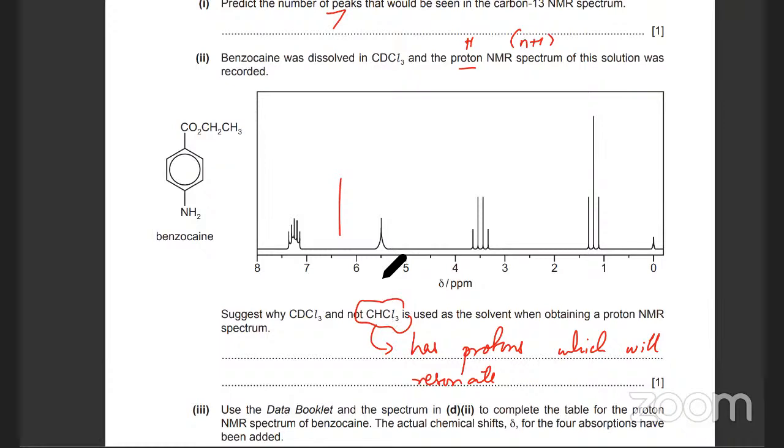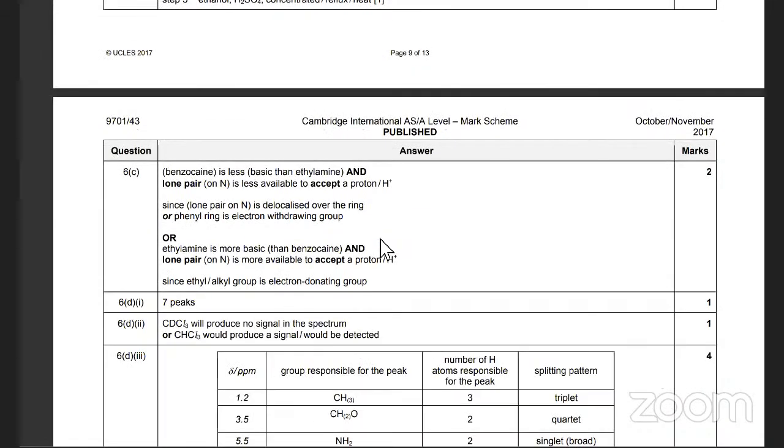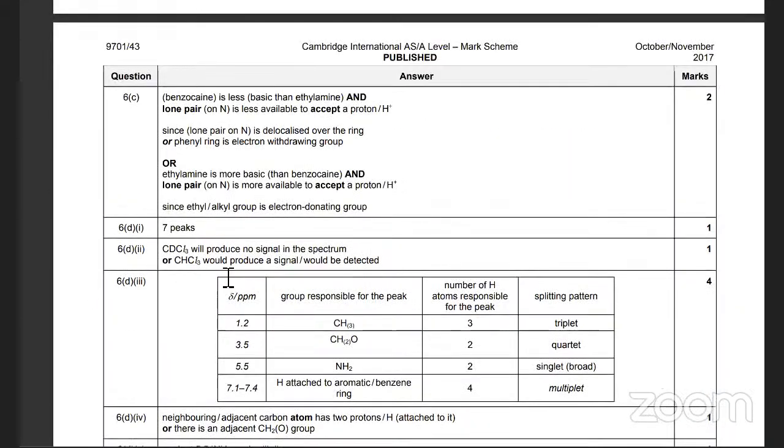You just want the molecule's peak. You don't want the solvent's peak to appear in the graph. So I'll just see how he's worded that. CDCl3 will produce no signal and would not be detected. So that's it, the other one is going to produce its own peaks.